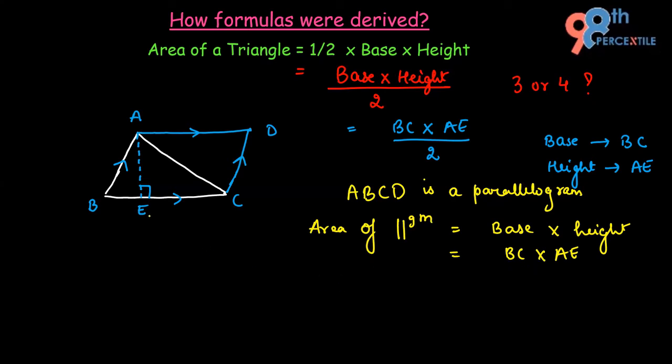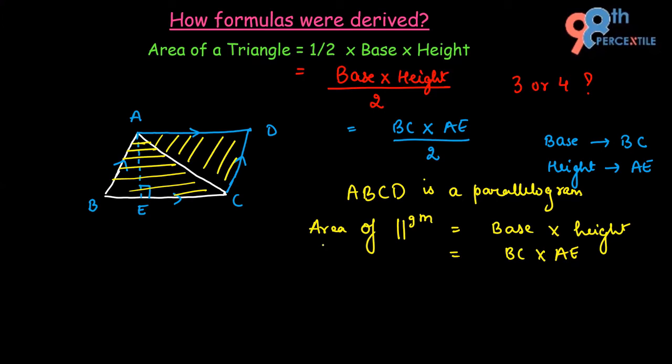Now, if you observe carefully our original triangle ABC, this triangle is dividing this complete parallelogram into 2 equal parts. See, this triangle is exactly half of this parallelogram ABCD.